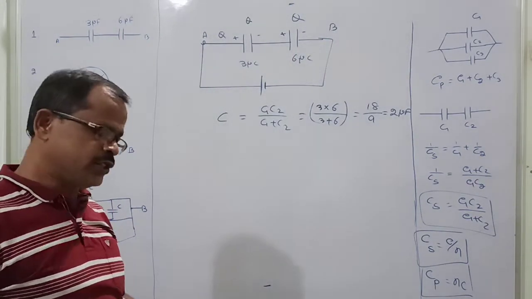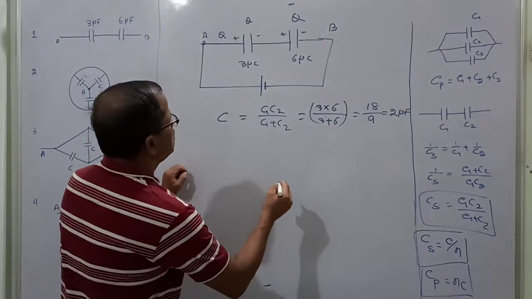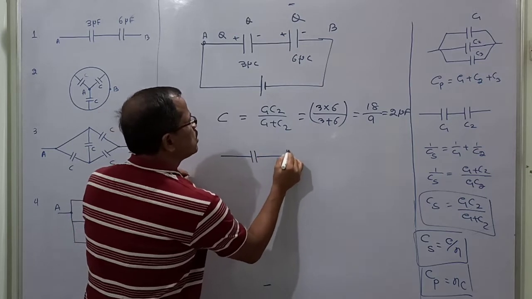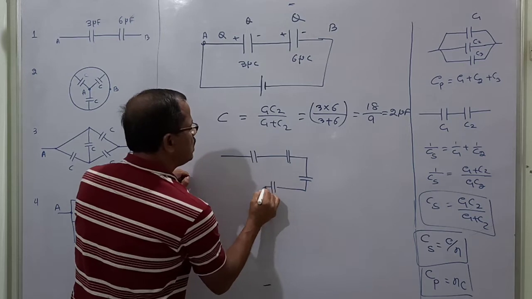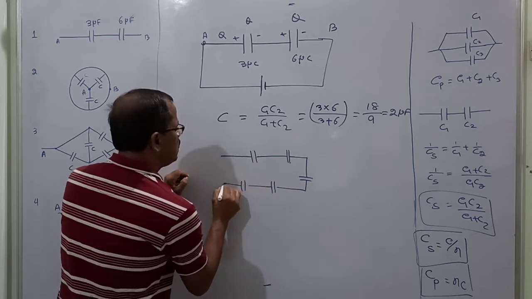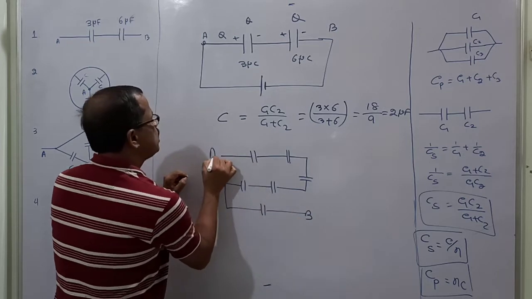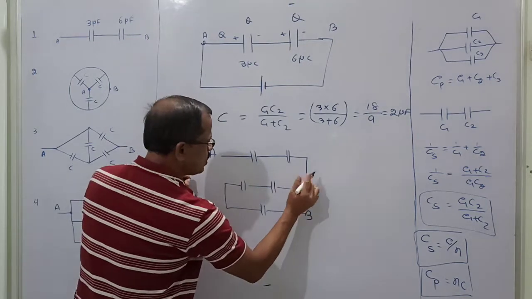Series connection means the same charge will flow to all capacitors. Another condition of series I am showing here. Let's say this is a capacitor, this is a capacitor, again this is a capacitor, and this is a capacitor, then again this is a capacitor. This is point B, this is point A. Though they seem to be parallel, let's say this capacitor is not there.